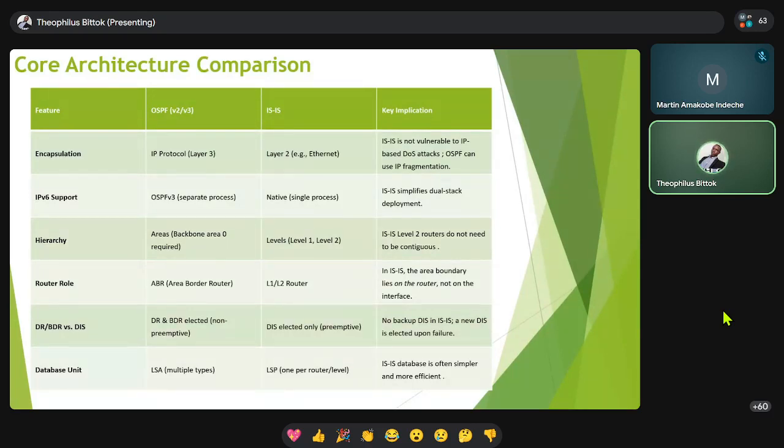Then on the hierarchy, OSPF has area 0, which is like the core. But ISIS has two levels, level 1 and level 2, with level 2 being your core. And you don't need it to be contiguous.